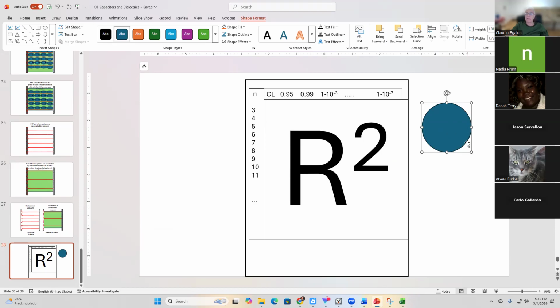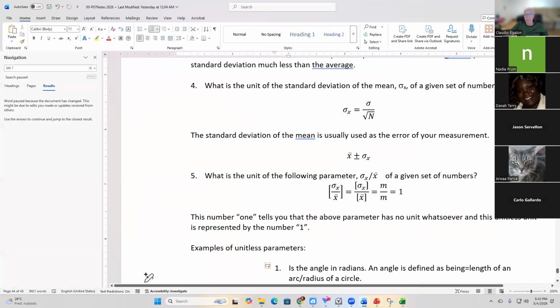That's the very definition of angle in radians. When you divide one length by another, you get a unitless parameter, which we call the radian. But the radian, strictly speaking, is a unitless unit. That's one example of a unitless parameter.